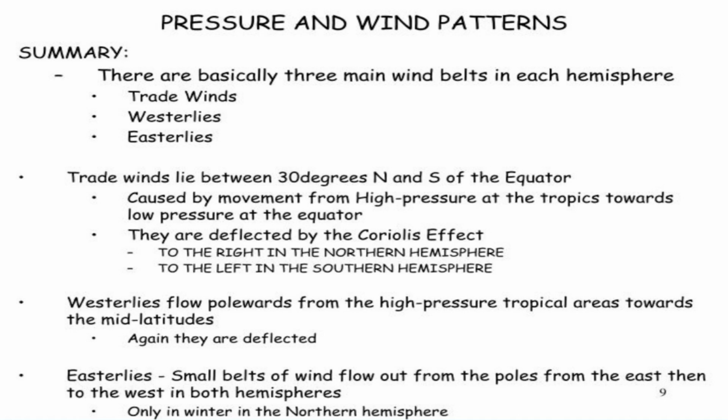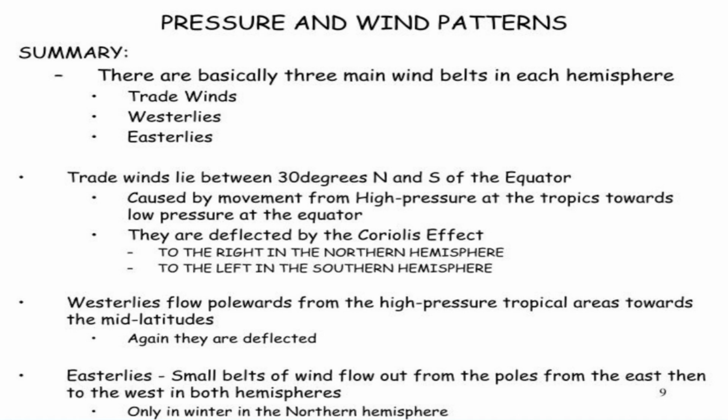The trade winds lie 30 degrees north and south of the equator, caused by movement of high pressure at the tropics towards low pressure at the equator, and hence they are deflected by the Coriolis effect to the right in the northern hemisphere and left in the southern hemisphere.